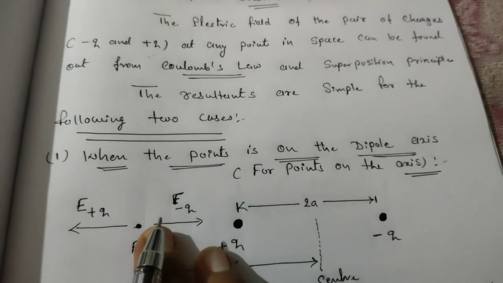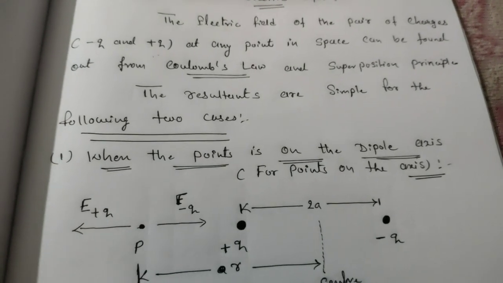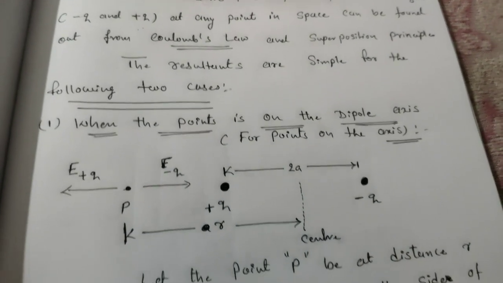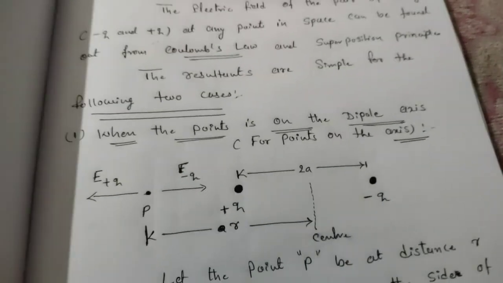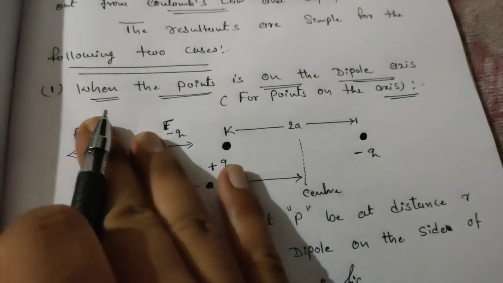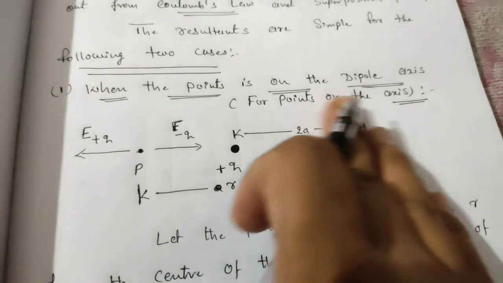Over here we have two cases. Out of them, the first case we are going to discuss right now, and later we will discuss the second case in the next video. The first case is when the point is on the dipole axis.